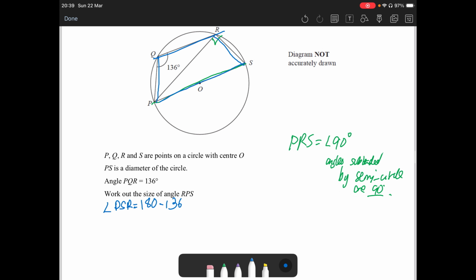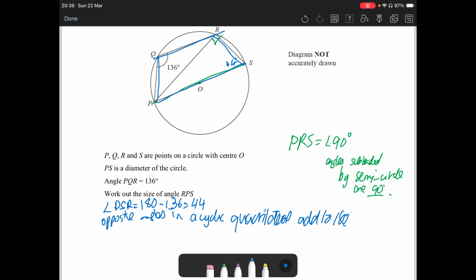Because opposite angles in a cyclic quadrilateral add to 180, so that's got to be 44. So you can add a 44 here. So, and the reason, again, is opposite angles, pardon my handwriting, in a cyclic quadrilateral add to 180 degrees. Cool.